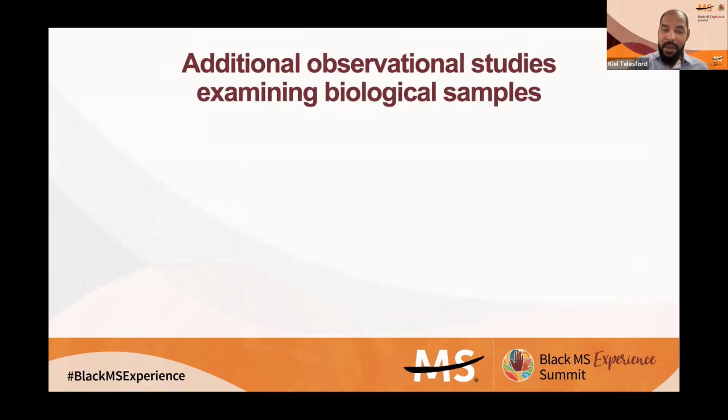So, as I mentioned, as we find more information, we need to do additional studies to clarify and fill in some of the gaps that we don't yet have understanding regarding. And so, in addition to social factors, some groups look at biological samples.